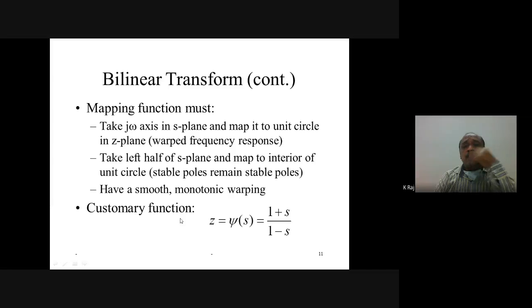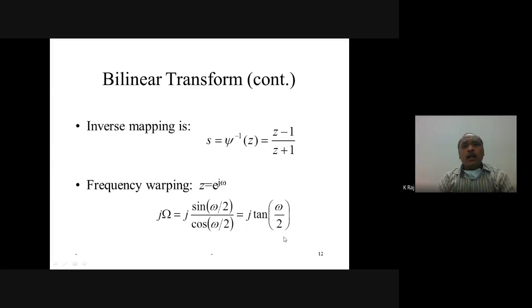Here we describe only the customary function, that is, without any coefficient. Then we can say Z is a function of S that may be represented as (1 plus S) by (1 minus S), or inversely, S may be represented as the inverse function of Z, that is (Z minus 1) upon (Z plus 1).